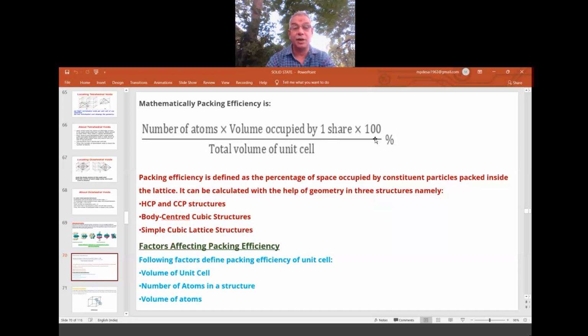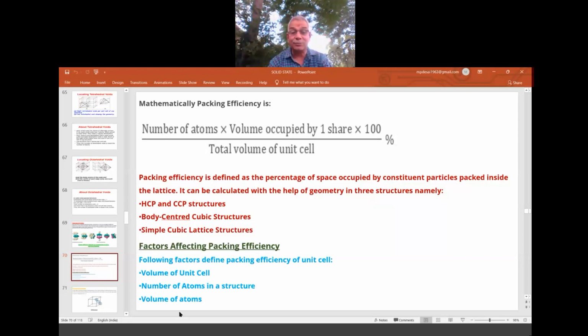Now, factors affecting packing efficiency. Volume of the unit cell: how much volume is there, and in that how much can I fix? Number of atoms in a structure. A big bucket is there, but I'm keeping small balls, or a basketball which is bigger, or a small-sized lemon. So it depends upon the size of the atoms also, how closely they pack in that available space or volume.